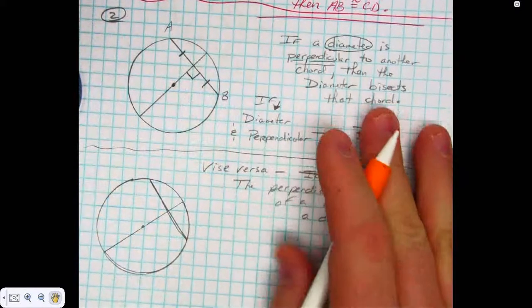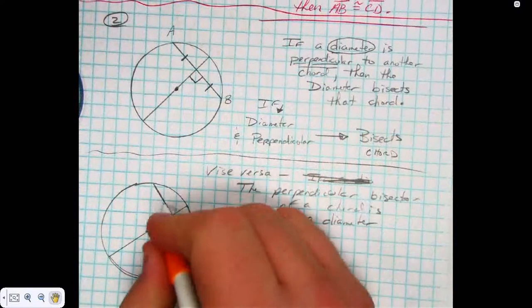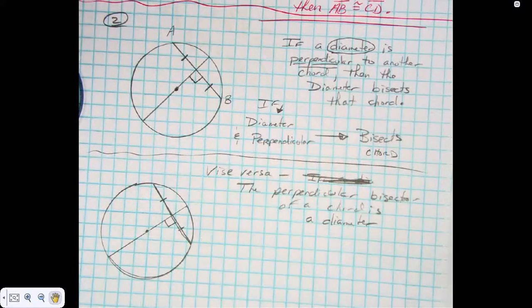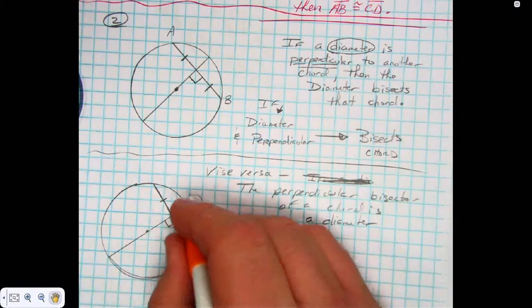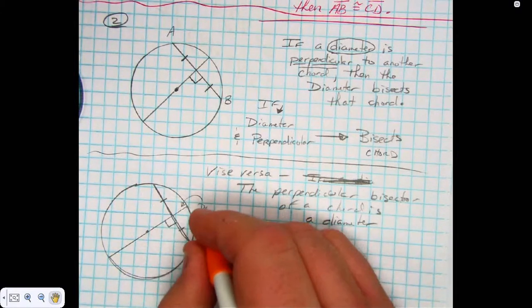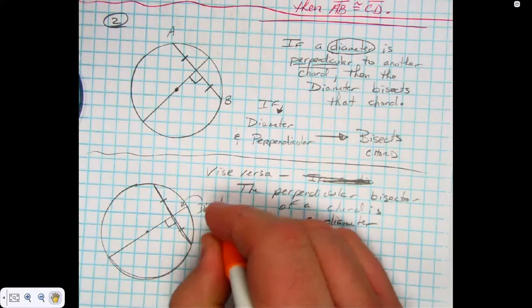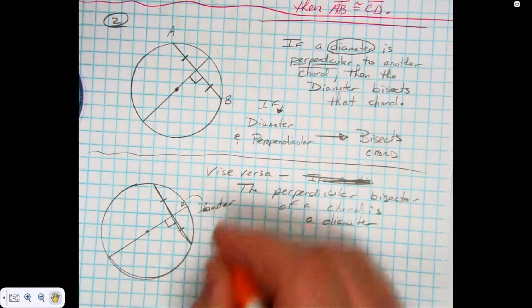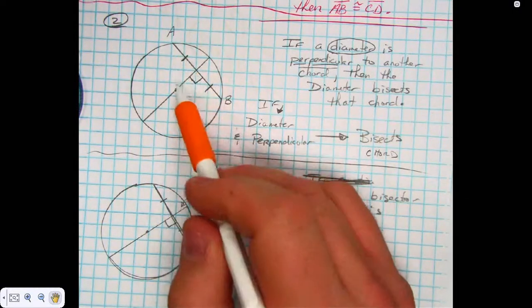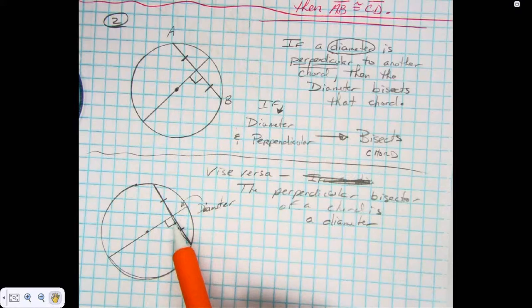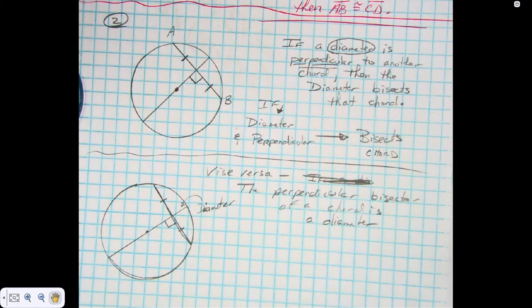So what this is saying is if this is perpendicular and it cuts a chord in half, then this has to be a what? Diameter. So isn't it just the opposite? Here it says if it's a diameter and it's perpendicular, it has to cut that in half. Here if it's perpendicular and it cuts it in half, then it must be a what? Diameter. Which is handy if you're trying to figure out whether this line goes through the center of the circle. You know it does.